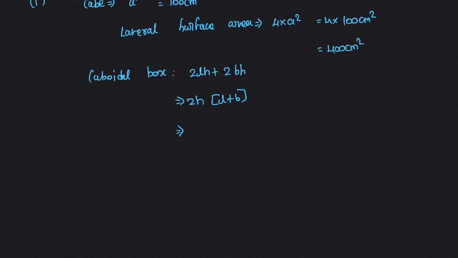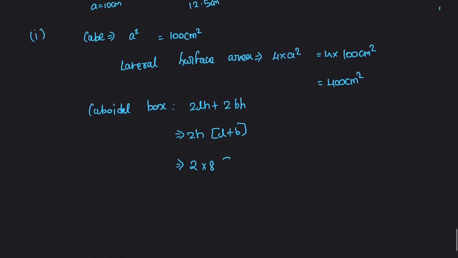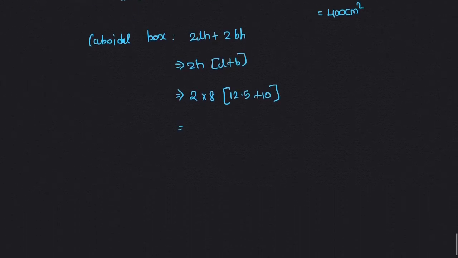So just substitute the values: 2, and the height value is 8, then L is 12.5, then breadth is 10. So the final value is 360 and the given unit is centimeter, so the value is centimeter square.